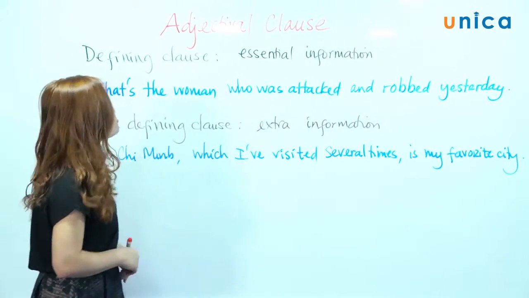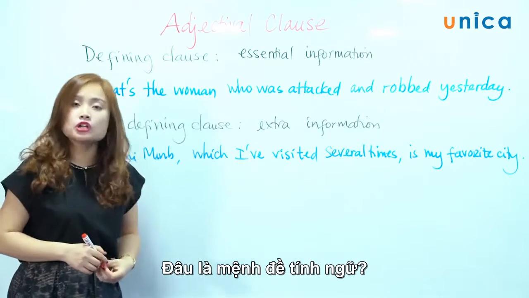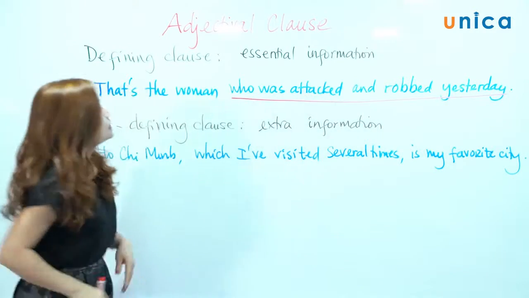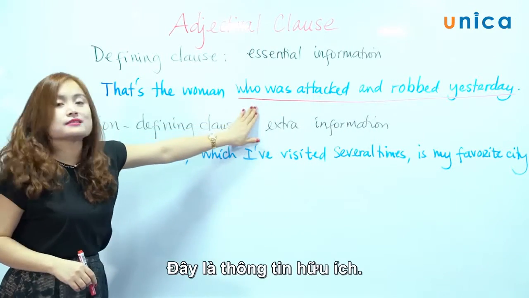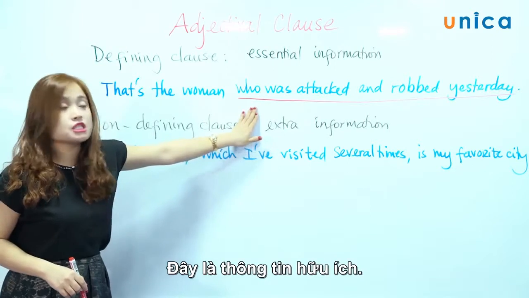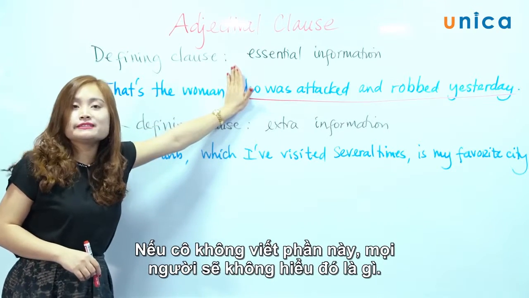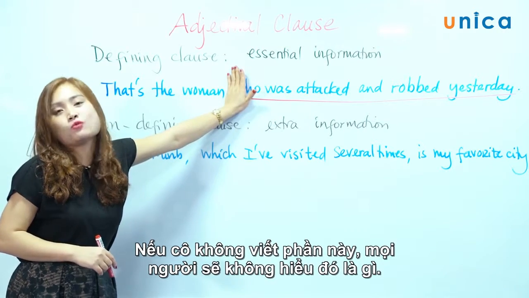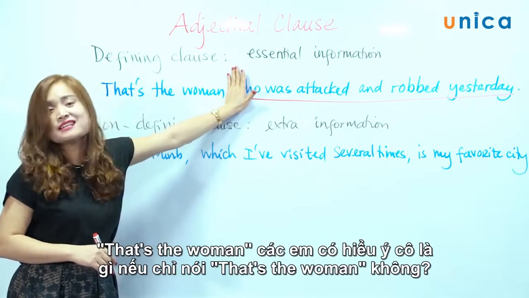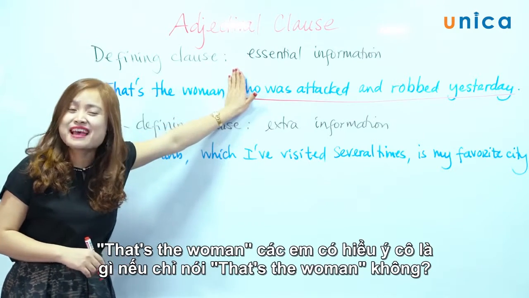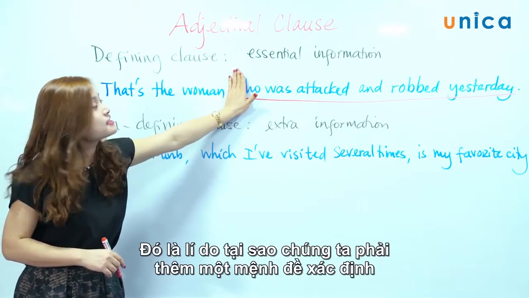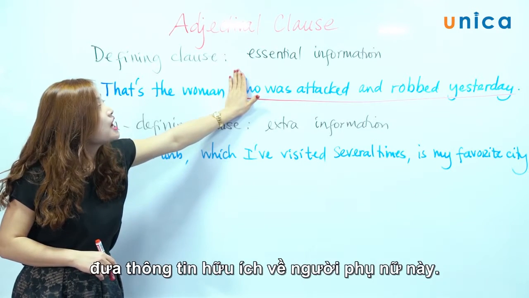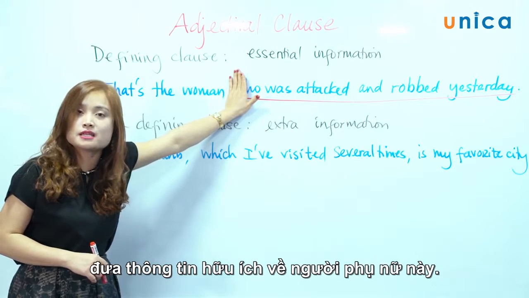So where is my adjectival clause? Of course, here it is. So this is my essential information. If I didn't write this one, people wouldn't understand what it means. That's the woman. Do you understand what I mean by that's the woman? Of course not.